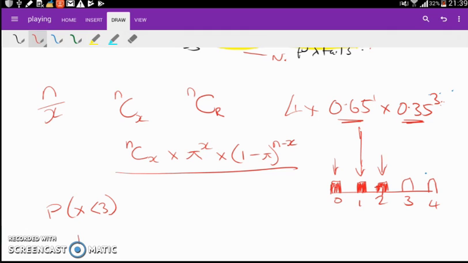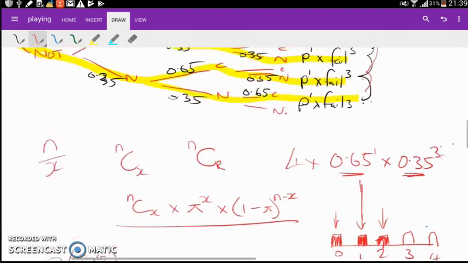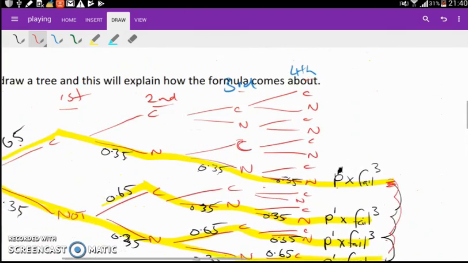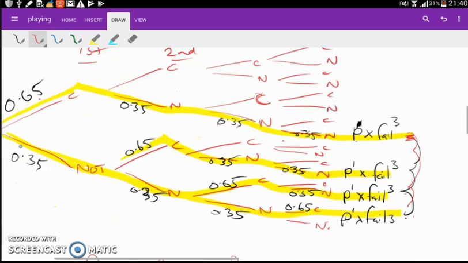X is 1. For the probability that x equals 0, the combinations would still be 4 multiplied by probability of success. We want 0 successes multiplied by this probability of fail, and we want 4 fails. That would be that formula. Then for 2, combinations would still be 4 combinations. Sorry, no, it wouldn't. We want 0 successes, not.